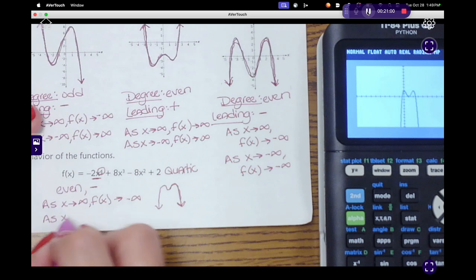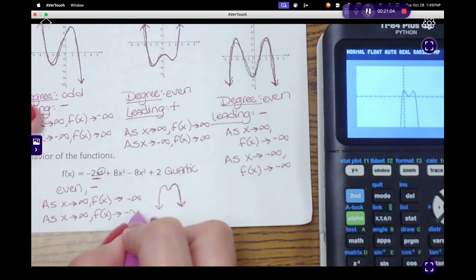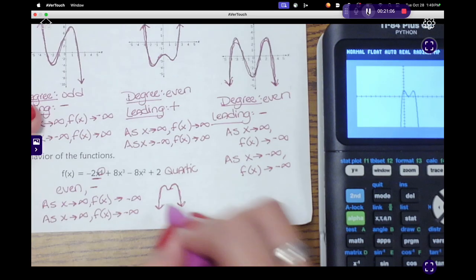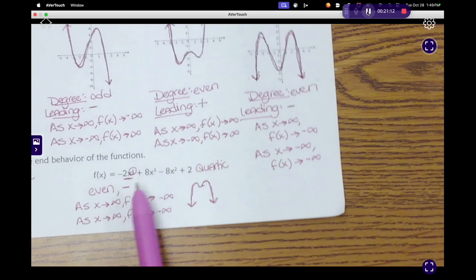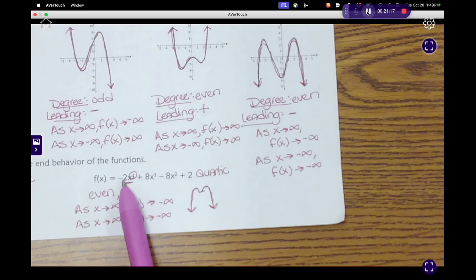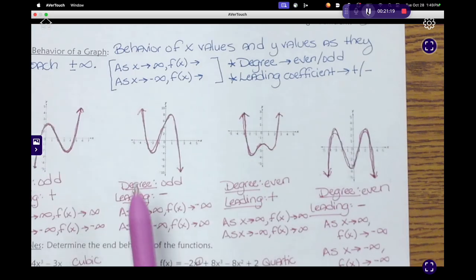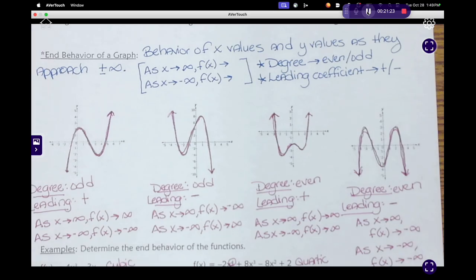And as it approaches negative infinity, your y value is still approaching negative infinity, because remember, on both sides of that graph, they're both going down. So your end behavior is all based off of your degree, if it's even or odd, and your leading coefficient, if it's positive or negative. These are your generic rules when you're looking at that.